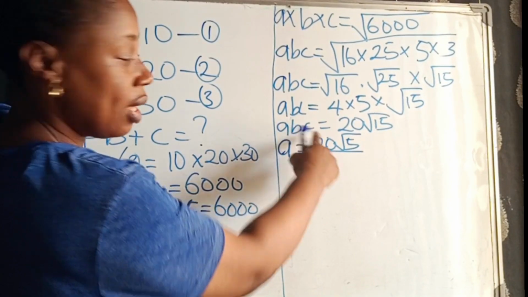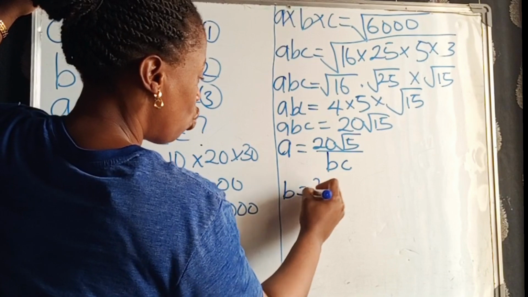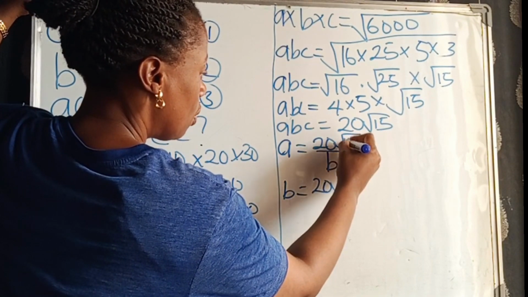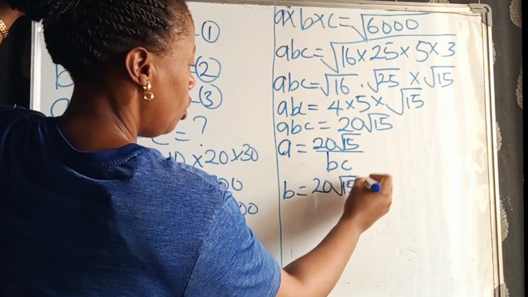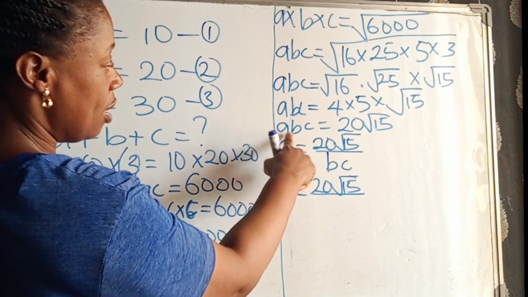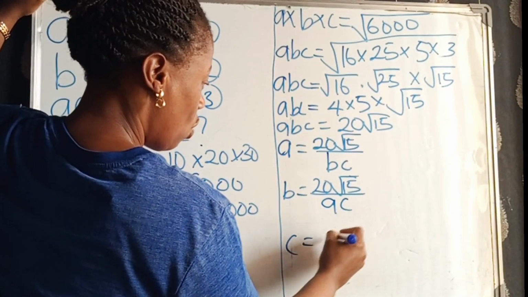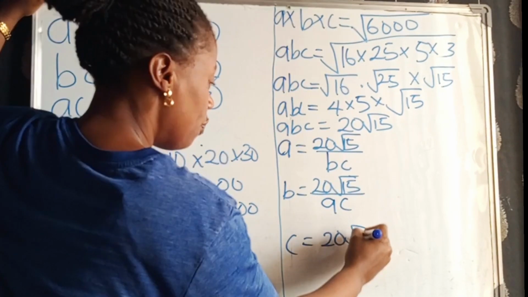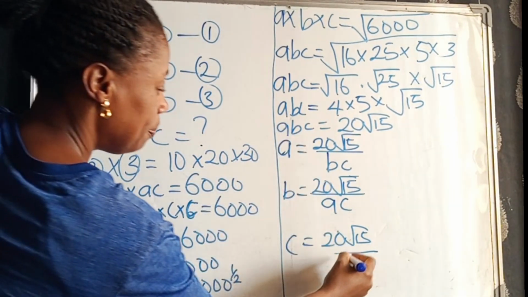B will be equal to 20 root 15 all over AC. And C will be equal to 20 root 15 all over AB.